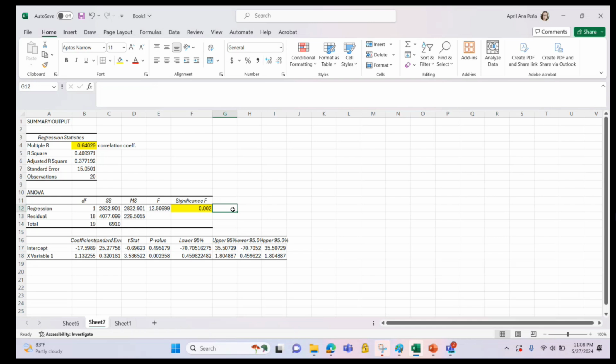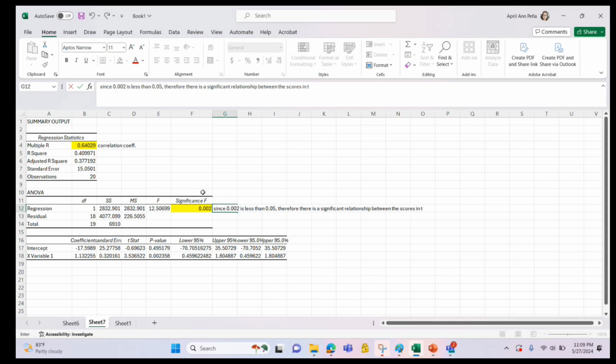And since 0.002 is less than 0.05, therefore we can say that there is a significant relationship between the scores in the course outcome and examination in math.